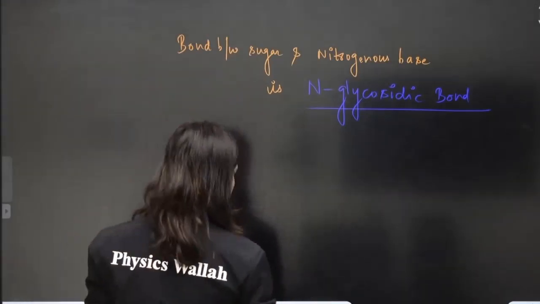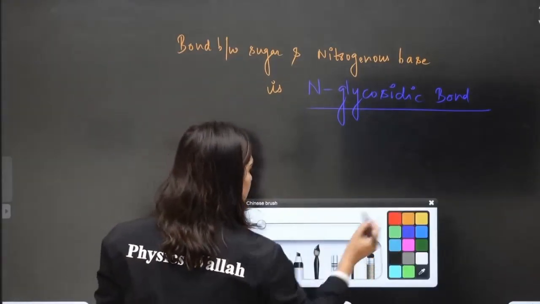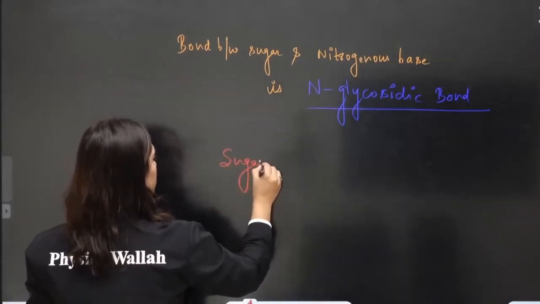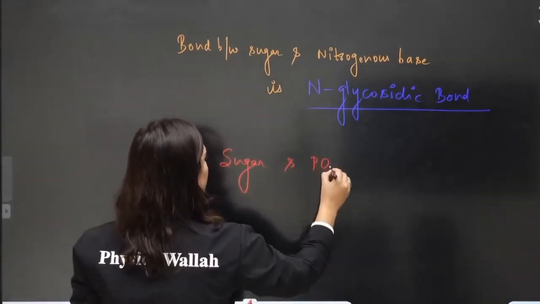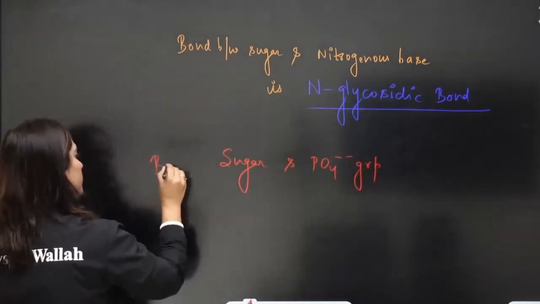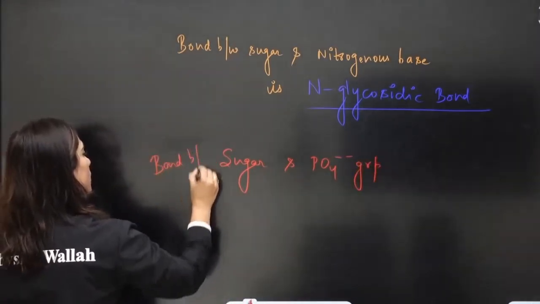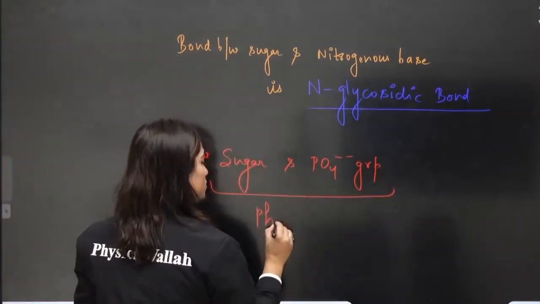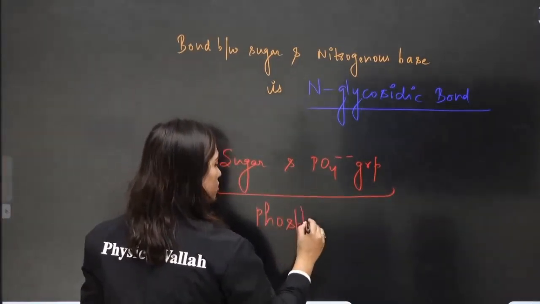And the bond present between the sugar and the phosphate group is called the phosphoester linkage.